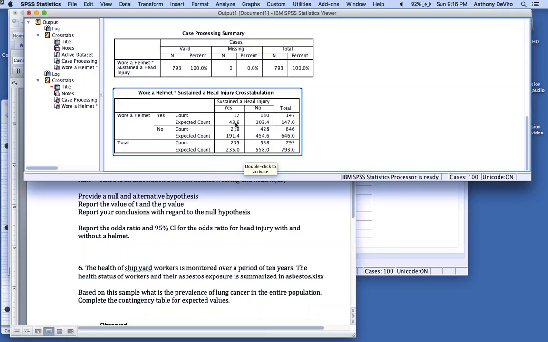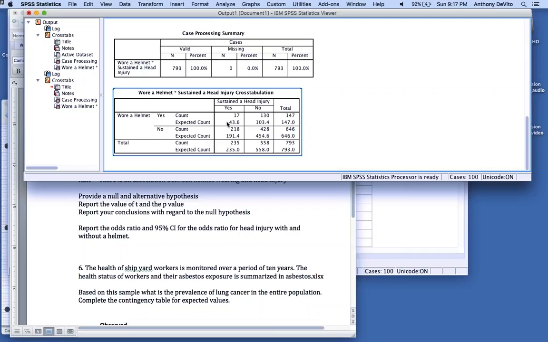So these numbers could be due to chance, or they could be due to an actual difference in the rate that people would get injured. We have to make sure that these numbers are different enough that they're not likely to be due to chance. It doesn't have to be 100% certainty. It has to be at least 95% certainty, in other words, an alpha of 0.05.